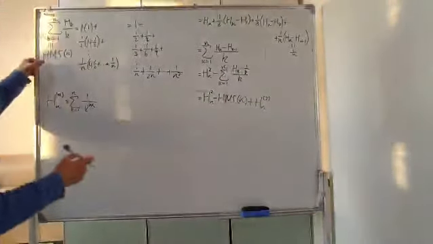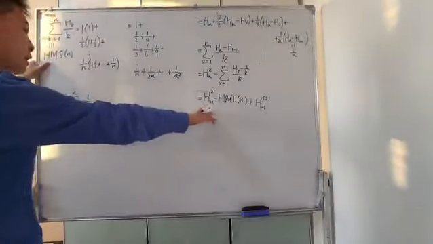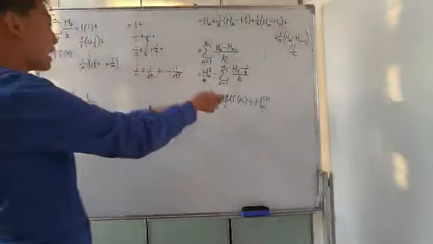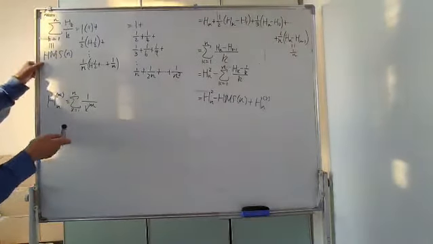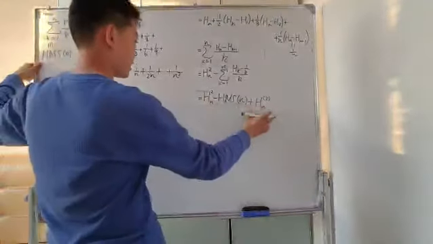Now, what we're going to do, so we're saying that this is equal to that. Now, if we were to add the harmonic mean sum on both sides, we get 2 times this equals this plus this.